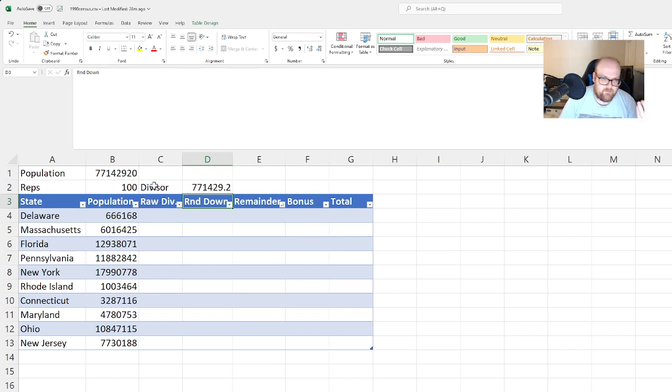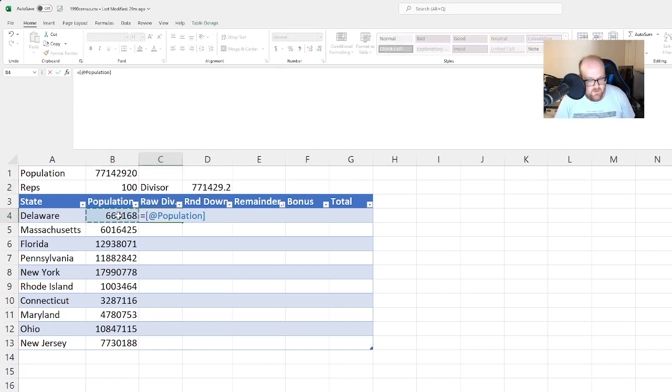It turns out that based on the numbers I picked, I ended up with about 771,000, which is fairly close to what the federal representation level is in the United States right now. Now that I have this divisor, so I expect roughly one representative for every 771,000 people, I'm going to, for each state, take the population and divide it by this number.